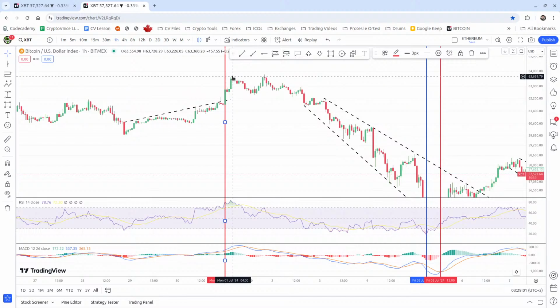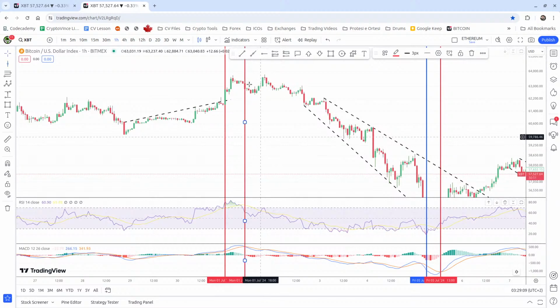we could have waited for the cross of MACD. In this case, the cross of MACD happens right here. So right there, if we would have entered, let me make this blue, would have entered here, yeah, maybe we could have got stopped out here too, but still the downtrend still started.